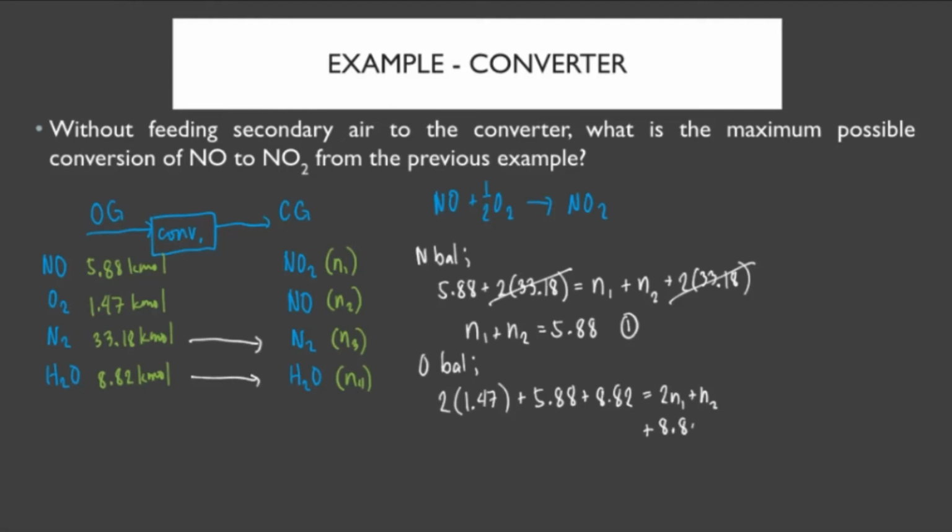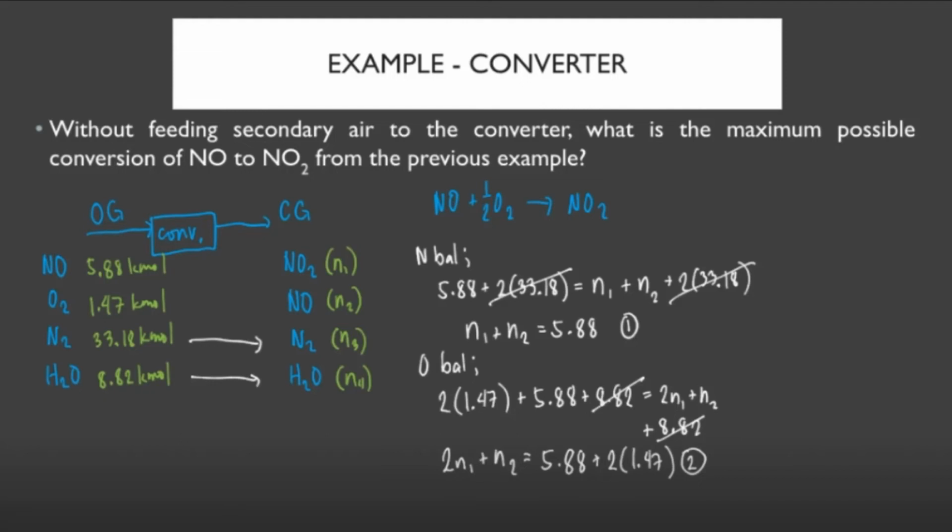We simply cancel that from both sides of the equation since water is an inert in this case. Simplifying, we have our second equation, 2N1 plus N2 is equal to 5.88 plus 2 times 1.47, equation 2. In this system of linear equations, we are assuming that N1 is our x, N2 is our y, and everything on the right-hand side of the equation is our collection of constants.